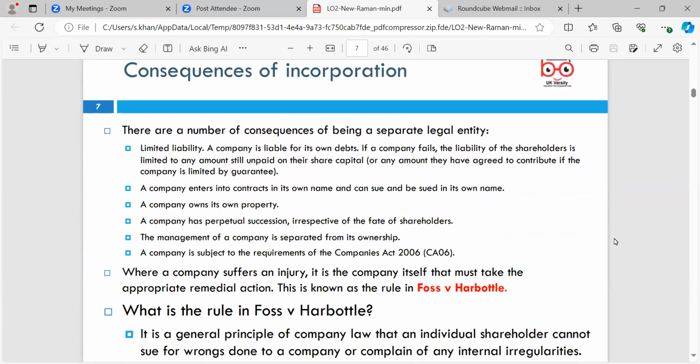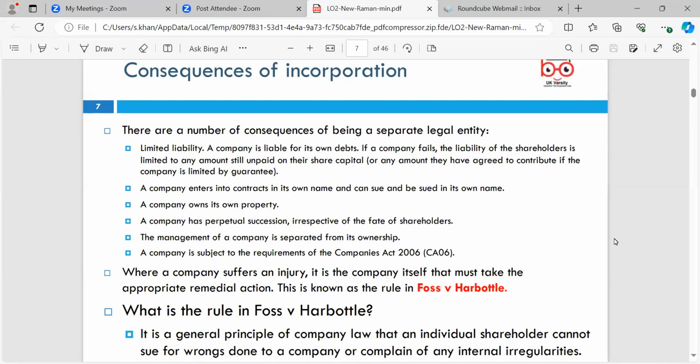Consequences of incorporation. There are a number of consequences of being a separate legal entity. They've given us a list there. Firstly, a company is liable for its own debt. If a company fails, the liability of the shareholder is limited to any amount still unpaid on the share capital.